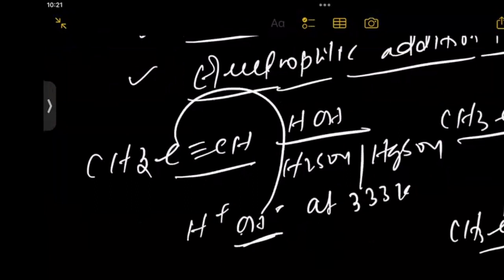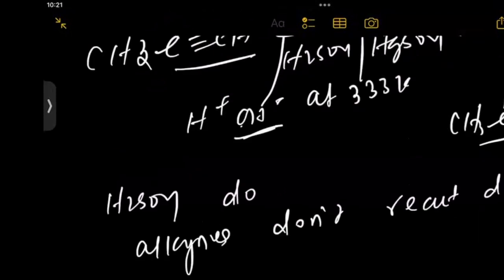Students, see that alkynes don't react directly with H2SO4.